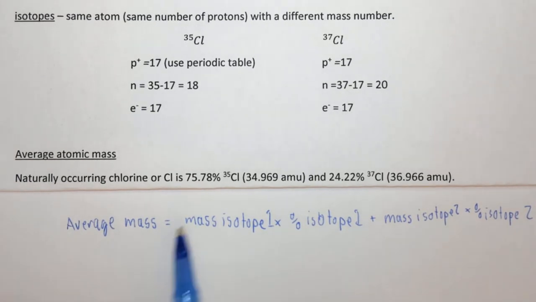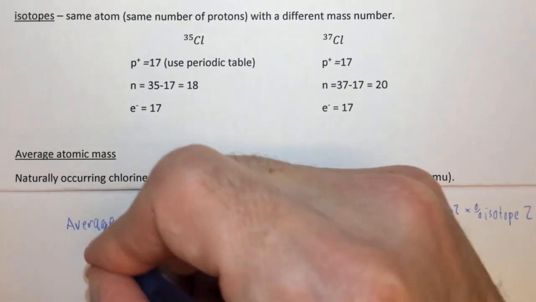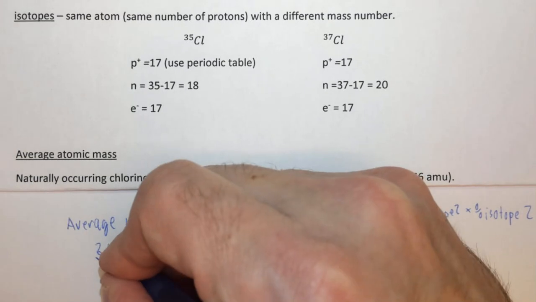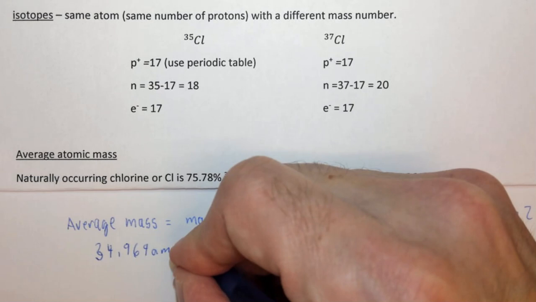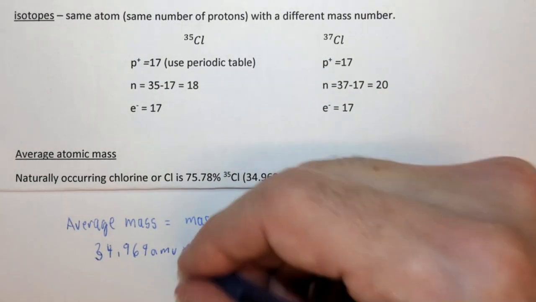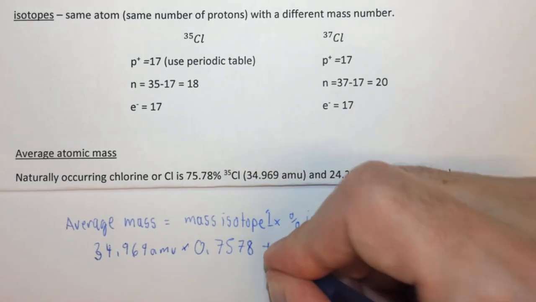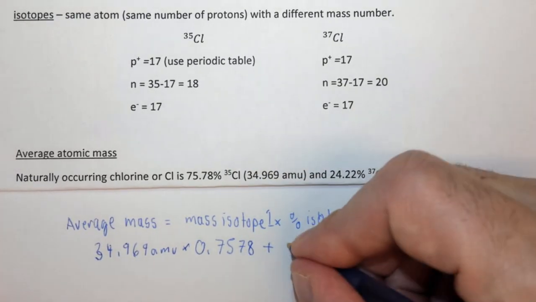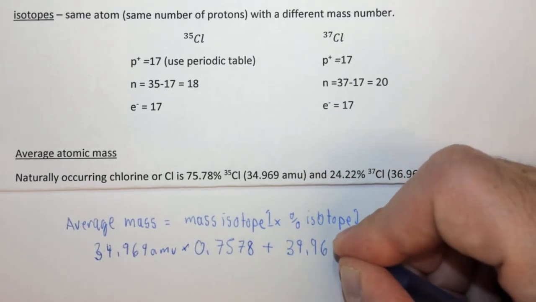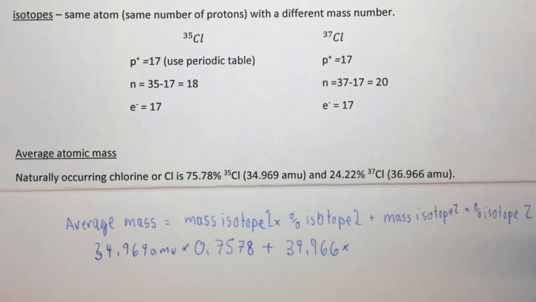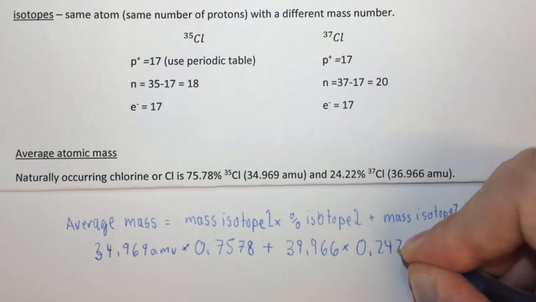So in this case, we want the mass of isotope 1, which is 34.969 AMU, times the percentage as a number, 0.7578, plus the other isotope, 36.966, times the percentage as a number, not as a percentage, divided by 100, 0.2422.